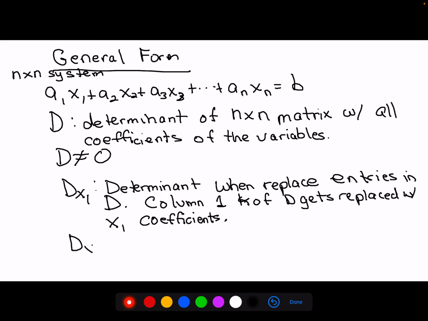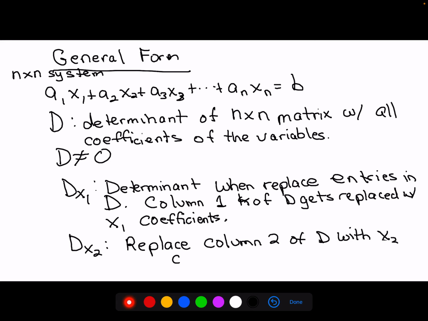Like D sub x2, you're going to replace column 2 of D with the x sub 2 coefficients, and so on.